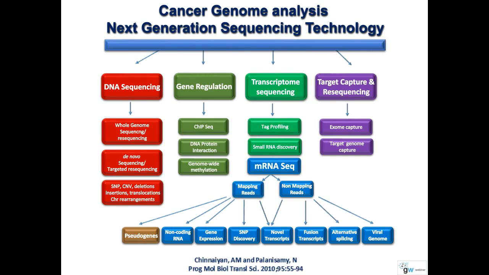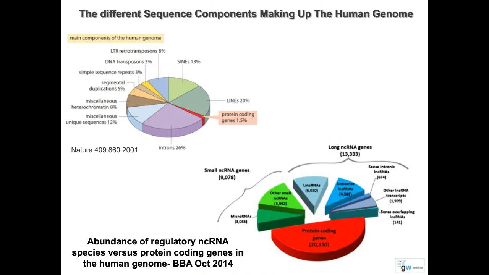Before going to that, briefly I would like to review the transcriptome in our whole genome. If you look at the different sequence components that make up the human genome, out of the 3 billion base pairs that constitute the human genome, the protein coding genes constitute only about 1.5% of the entire genome.